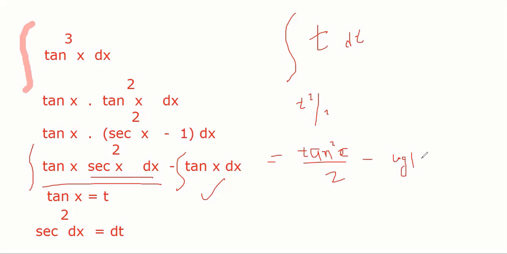Yeah, otherwise log of cos x, right? So the main point was this, because we know tan x and secant square x are related, tan square x and secant square x are related. Too easy. Log of sec x will not be right. See, sec x and cos x are reciprocals, so log of sec x, if you write sec x as 1 by cos, becomes minus, right? That becomes plus. You are right. So yes, I can say minus log of sec x, or minus log of cos x, it is the same thing.